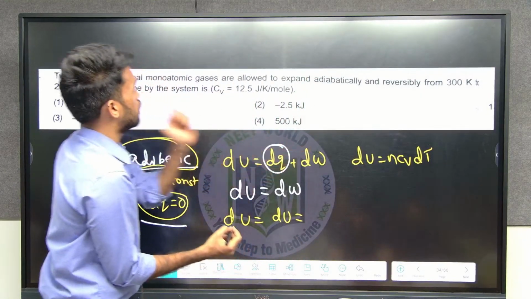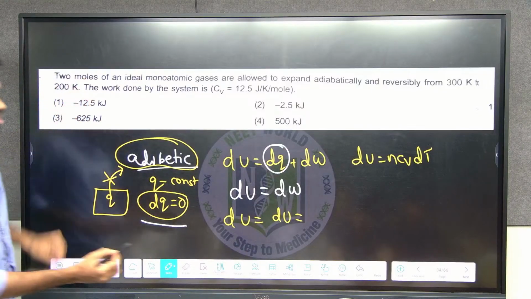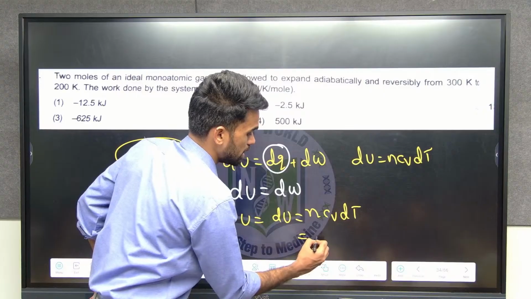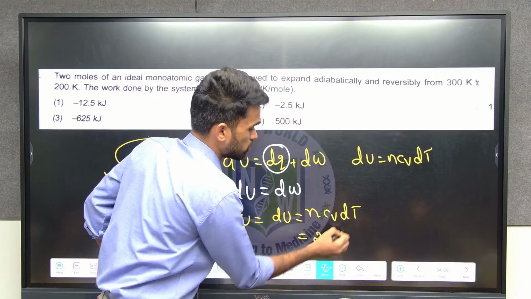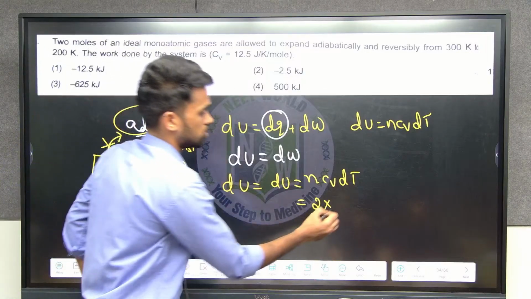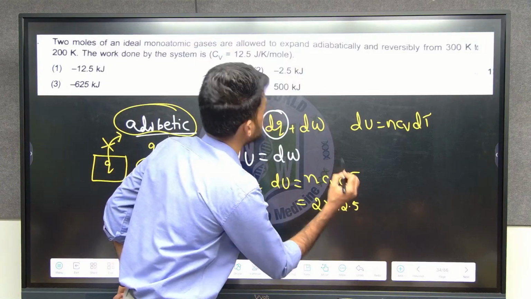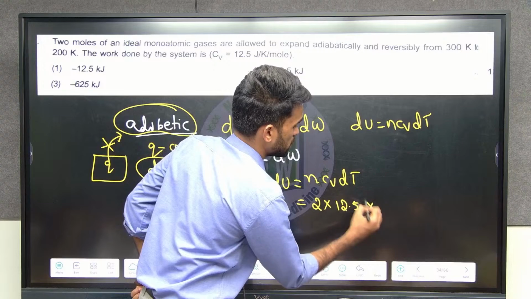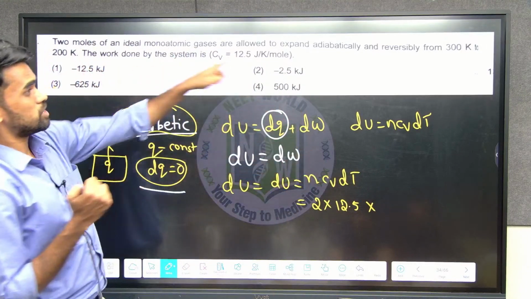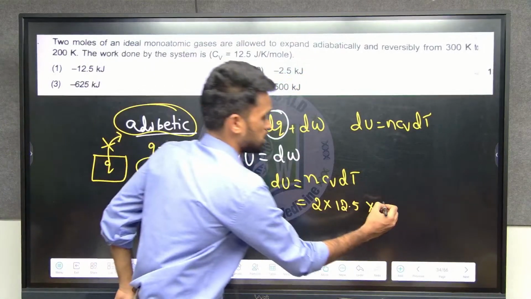So what is n value here? How many moles they are saying? 2. Now what about the Cv value they have mentioned? 12.5, for the gas. Next, what about temperature? How much change? dT means T2 minus T1.